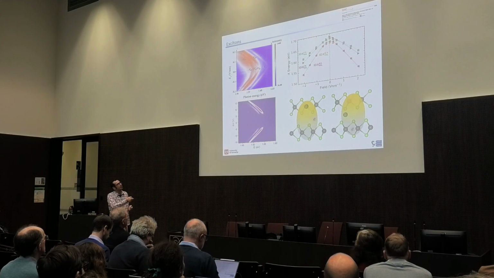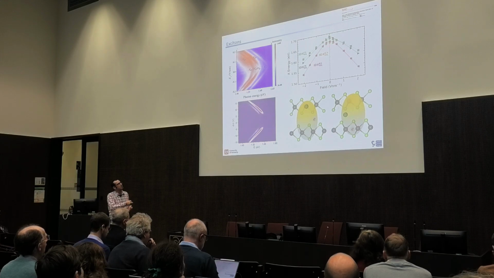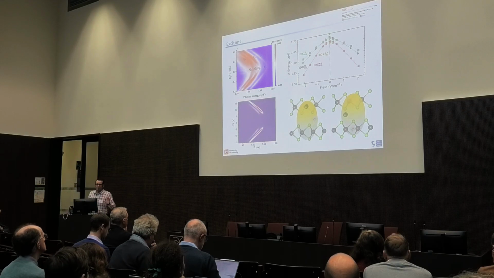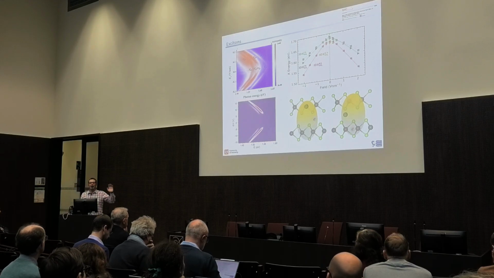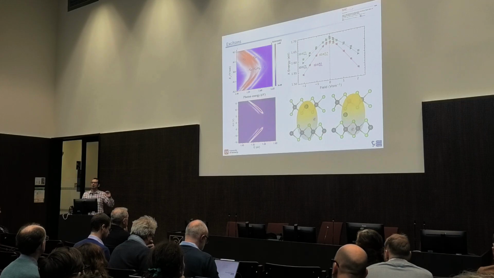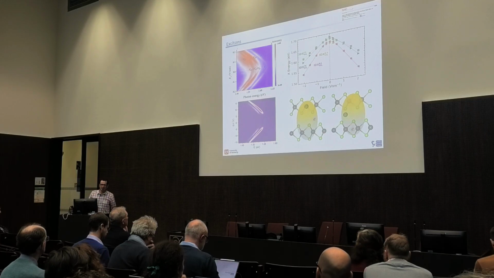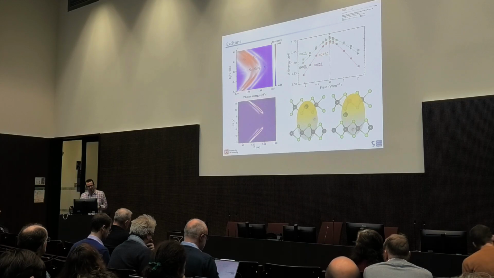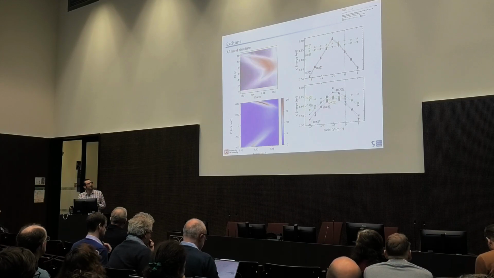Here you can see quadratic nonlinear behaviors. And basically, we cleared out why we have this behavior for different excitons. I will not give technical details. If you want to discuss later, we can discuss the reason.